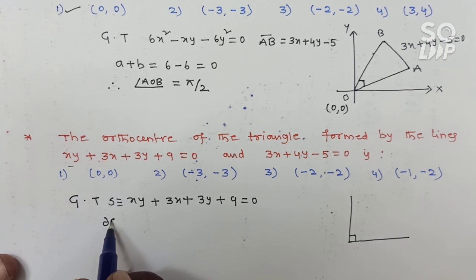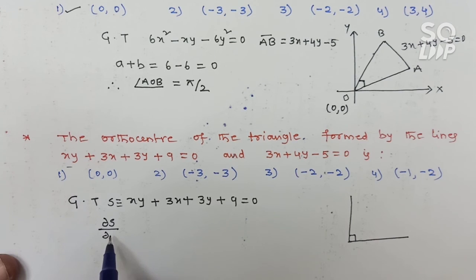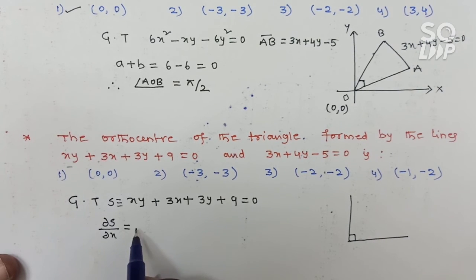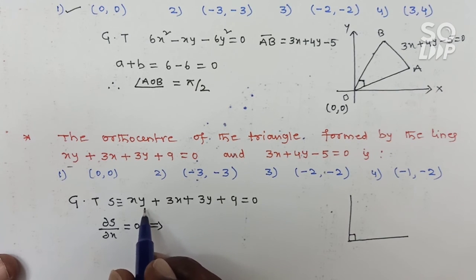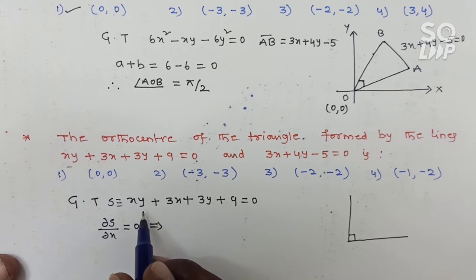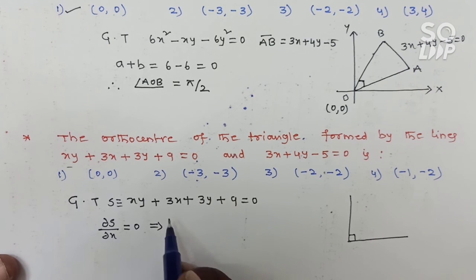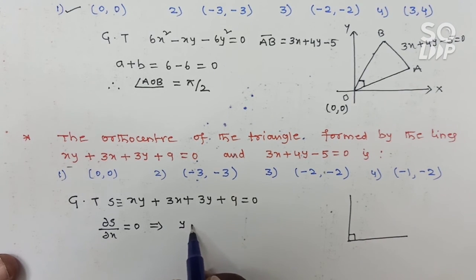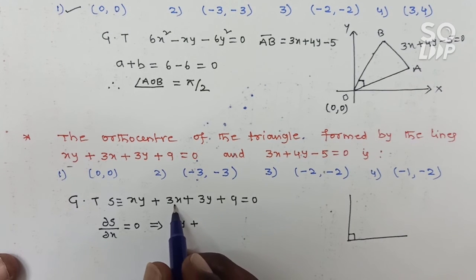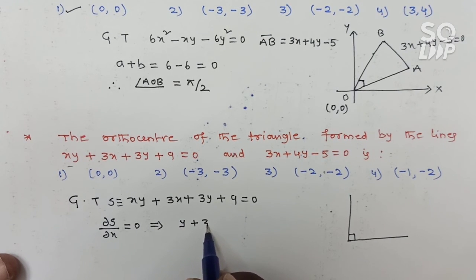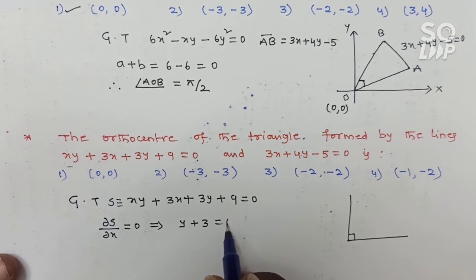Dou s by dou x is equal to 0. By using this, you have to partially differentiate with respect to x, then y will be constant. This one is y plus 3, y plus 3 is equal to 0.